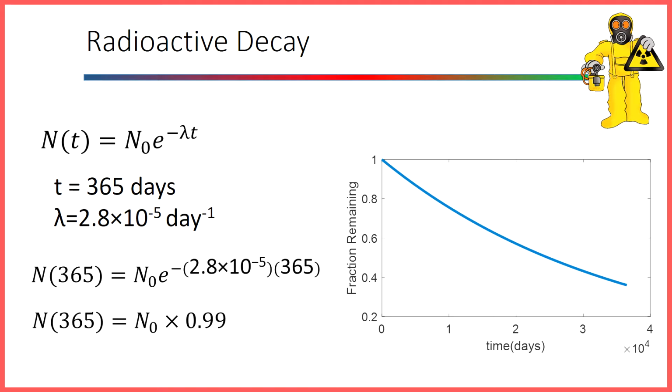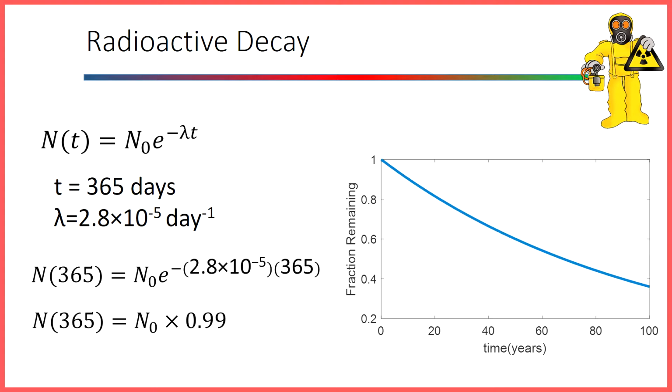Note that this is actually in days times 10,000 because it takes so long for the uranium-232 to decay away, and of course, none of us are used to thinking in terms of days times 10,000. Let's replot it by converting from days to years on the x-axis. Now we can clearly see that after 100 years, a little less than 40% of the uranium-232 remains.